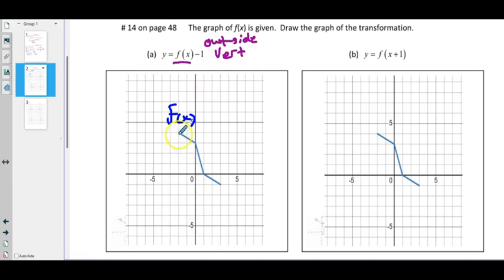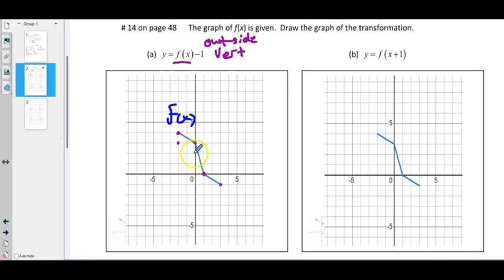The nice thing is you can actually go point by point. So I can look at each of these points right here, and we're going to pick the pretty points here. We could pick these ones in the middle, but I want to pick the nice ones because each of these are going to move down by one. Like literally this point will go down to one. So I went from a height of 4 down to a height of 3.